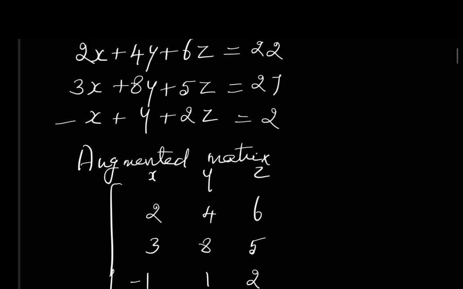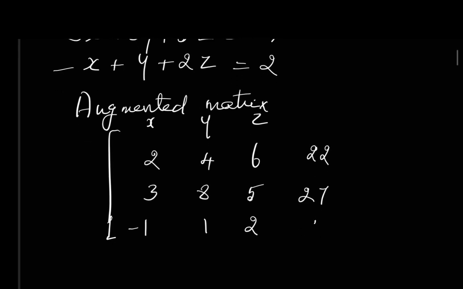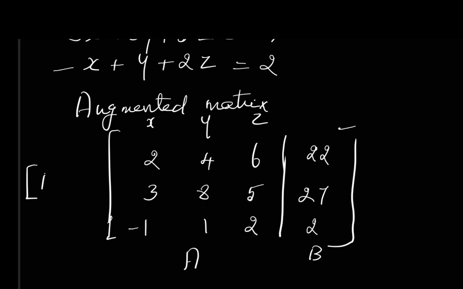And write the constants 22, 27, 2. Put the bar. This matrix is A and this is B. The combination of the A matrix and B matrix is called the augmented matrix.